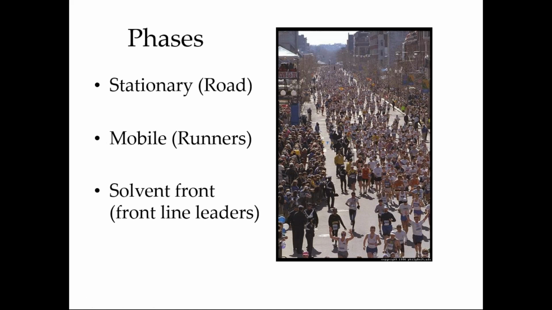So in chromatography, we have the stationary phase, which we can compare to the road, the mobile phase, which we can compare to the runners because they are moving constantly, and the third is the solvent front, that is the front line, the leaders. Before them, you will not have any of the winners. Similarly, in chromatography, in front or ahead of the solvent front, you should not see any solute or any of the analyte.